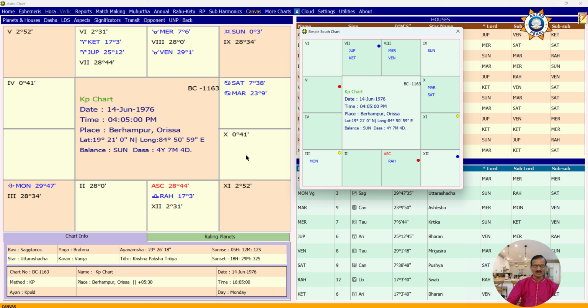Here in the 10th house, Mars is not there. Where is Mars? Mars has moved behind, because Mars is at 23 degrees in the Karkataka sign. Though the sign is here, Mars is here only, at 23 degrees. But the 10th house has moved into Leo, 0 degrees 41 minutes. That will make all the difference when you analyze the chart. So I hope the difference is pretty clear.